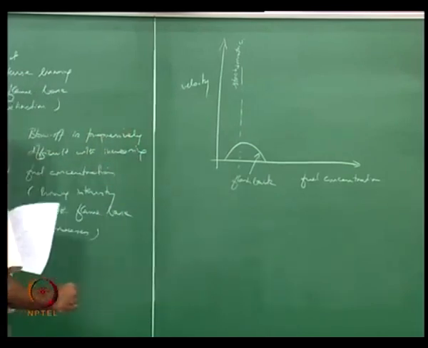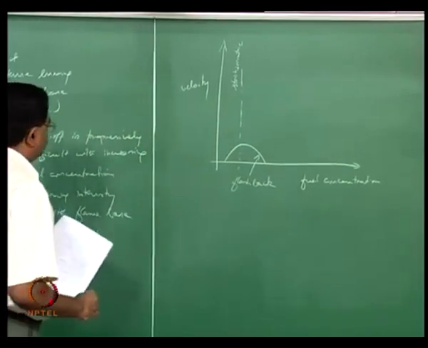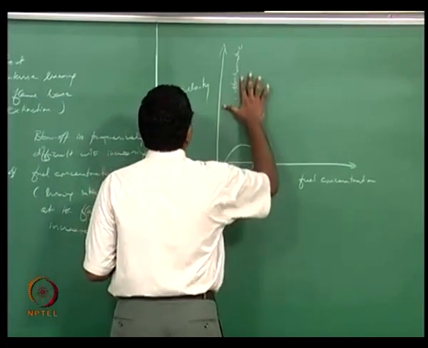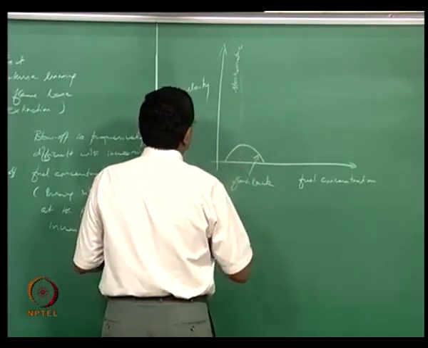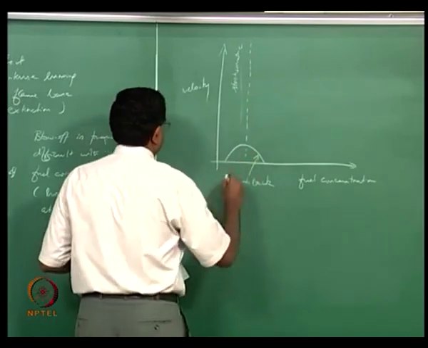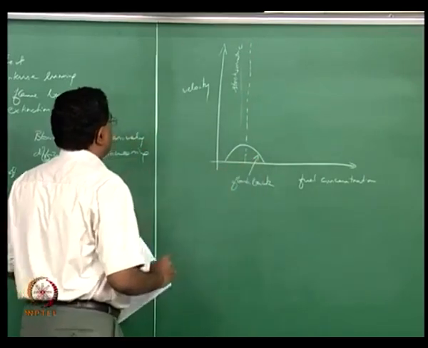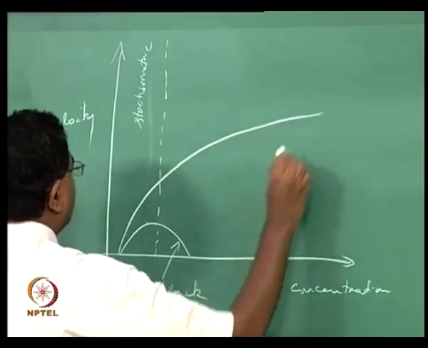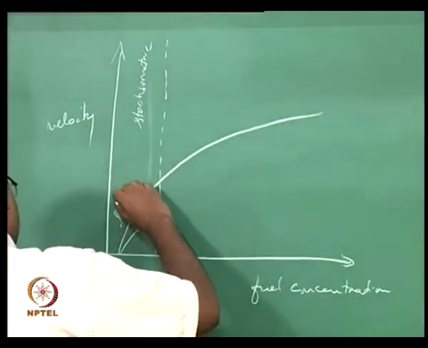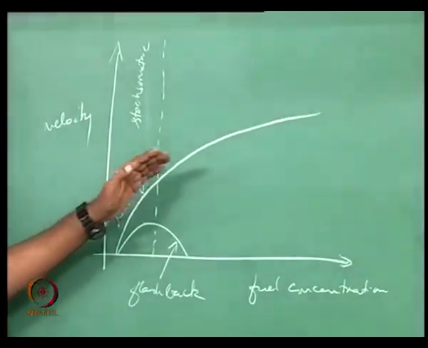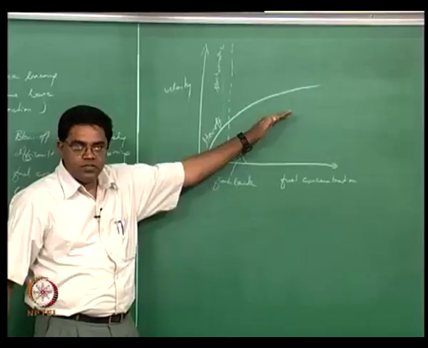right. And maybe I should locate this a little bit further out relative to this curve. And then you have a blow off curve that keeps going like that. That is for an air ambience or an oxidizing ambience.